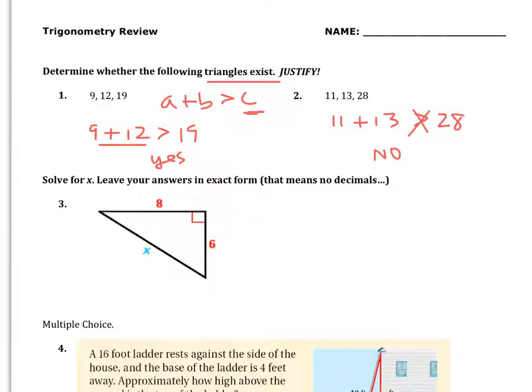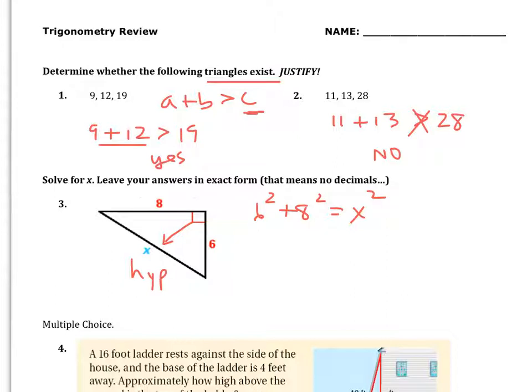One of the big things that we talked about was solving for a third side in a right triangle. Reminder, the hypotenuse is always the one that is opposite the right angle. We are going to use the Pythagorean theorem here. So we are going to say that 6 squared plus 8 squared is equal to x squared.